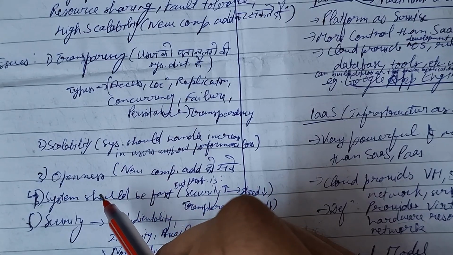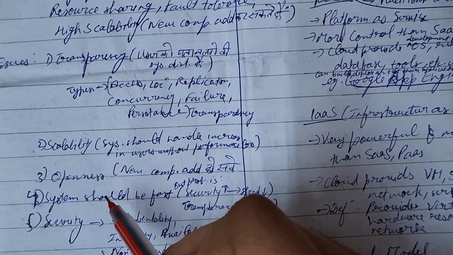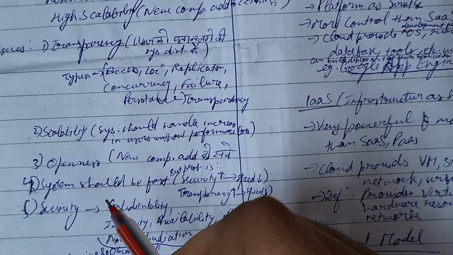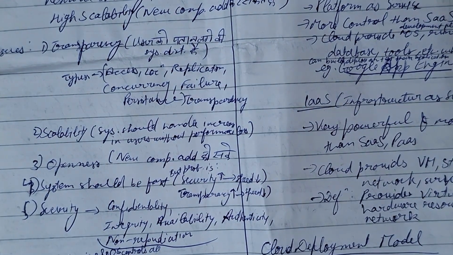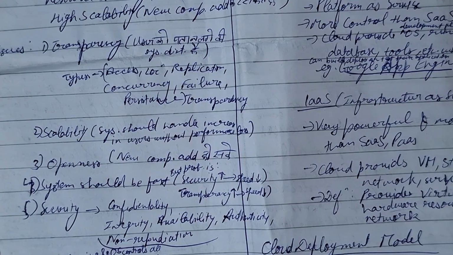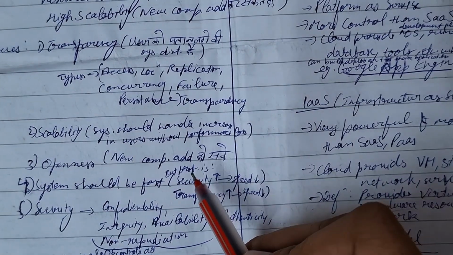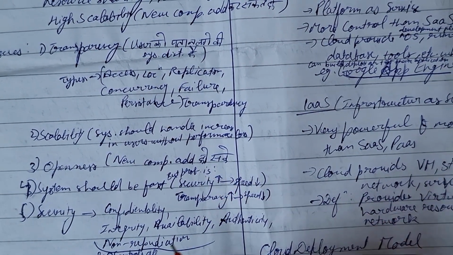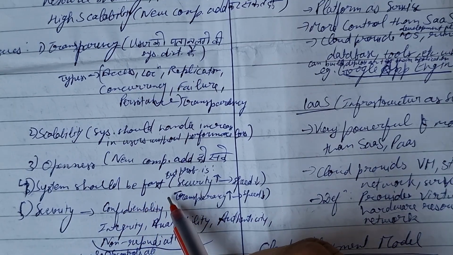Our system and resources can't be confined to only a single system. We must ensure that we can add as many computers as we want in order to achieve our task. Openness. Openness and scalability are related concepts. In openness, we can add new computers to our system in the future if we want to expand the system.